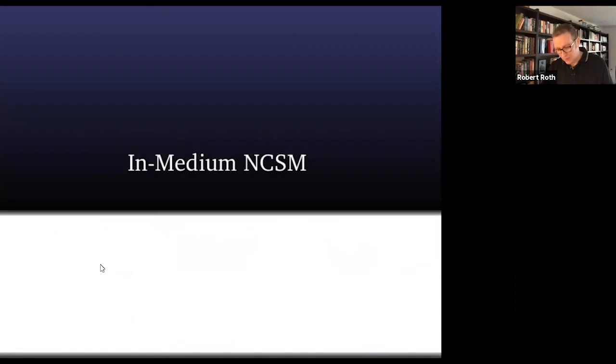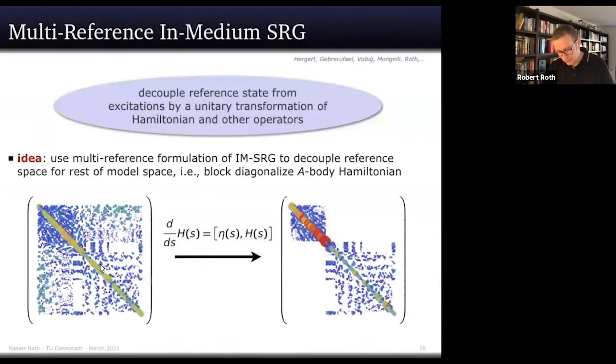And therefore, we came up with the idea to combine the in-medium SRG with our NCSM, to use the in-medium SRG to pre-diagonalize our big NCSM matrix. And I don't have to do the full diagonalization with respect to this first entry.